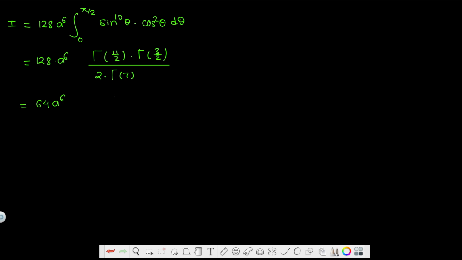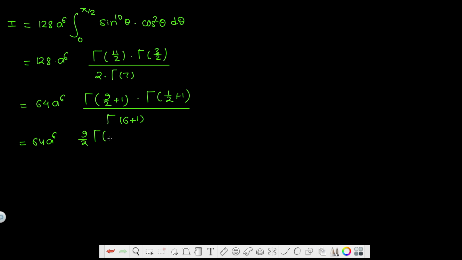Now gamma 11 over 2 is the same as gamma of 9 over 2 plus 1, times gamma 1 over 2 plus 1, over gamma 7, which is 6 plus 1. So 64 a to the power 6. We can write gamma 9 over 2 as n times gamma n.